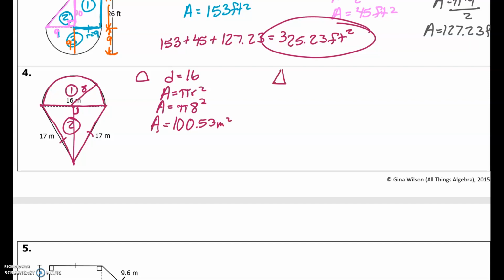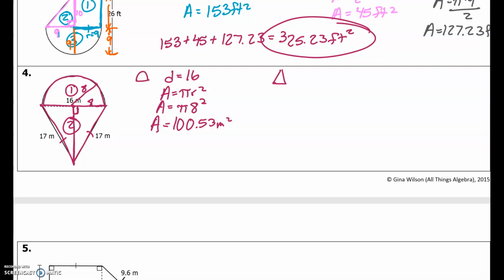So when we're looking at the triangle, we're going to start off with finding the height. We don't know that. If we don't know something and we have a triangle here, we do know the hypotenuse, this length, because from here out is the radius, so that's 8. We can use the Pythagorean theorem to find the length of the height, or the third side here.